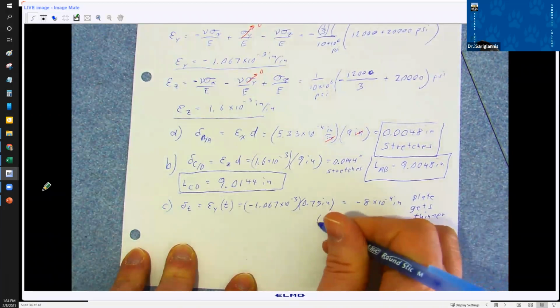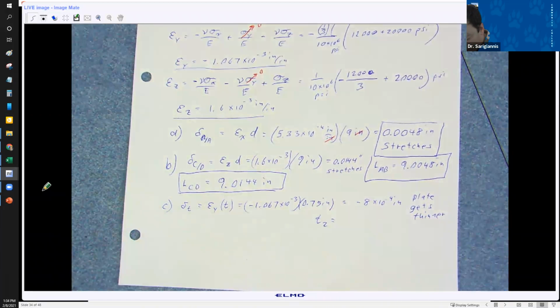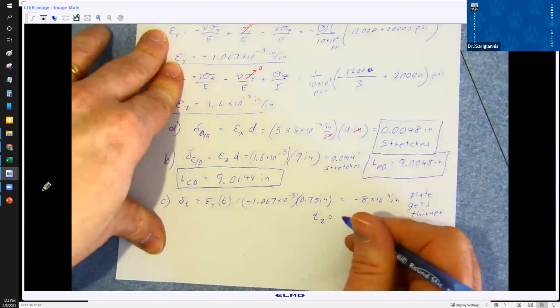So we could write T2 equals, I didn't actually do this. I better just do the simple math so I don't mess up a decimal point.